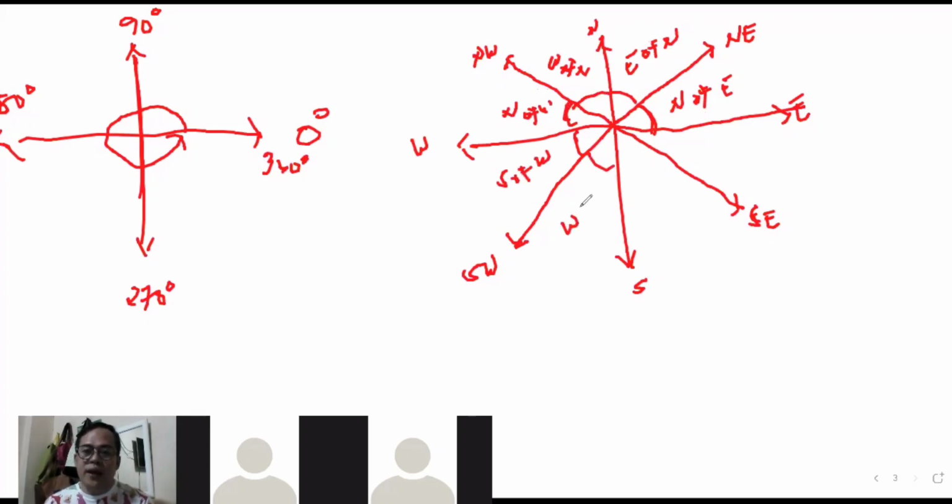This is west of south. This one is east of south, and the last one is south of east.